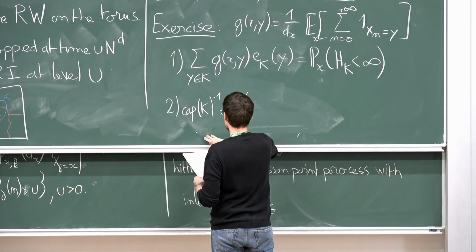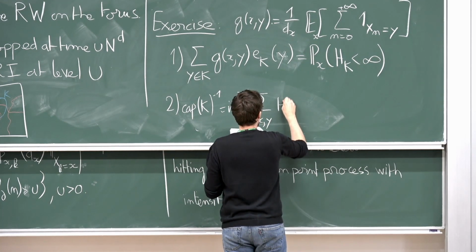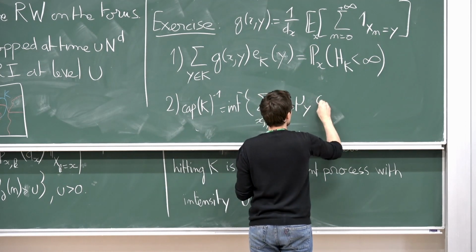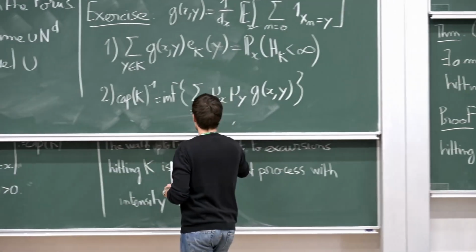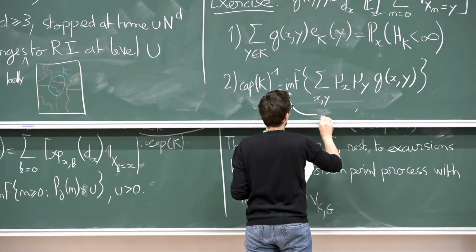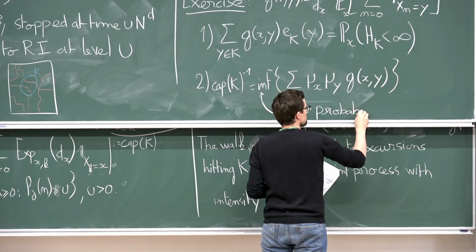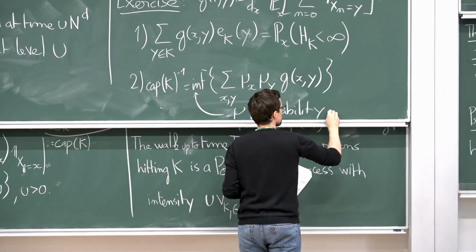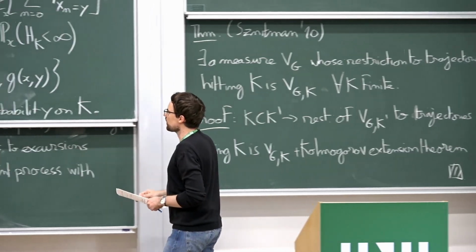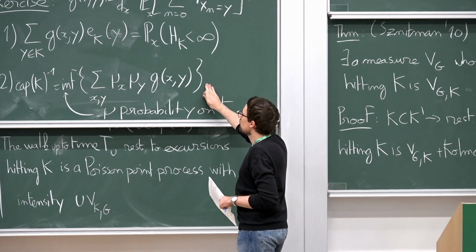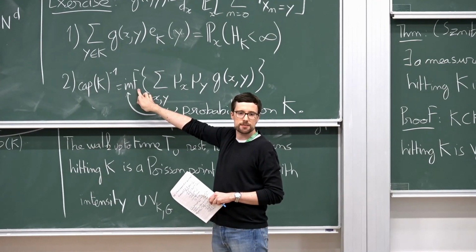It tells you that you can rewrite the capacity, or more precisely the inverse of the capacity, as the infimum of the sum over x, y of mu(x) mu(y) g(x,y), where the infimum is over all mu which are probability measures on K. So this is a variational principle for your capacity, and without surprise, the mu for which this infimum is reached is exactly your equilibrium measure.